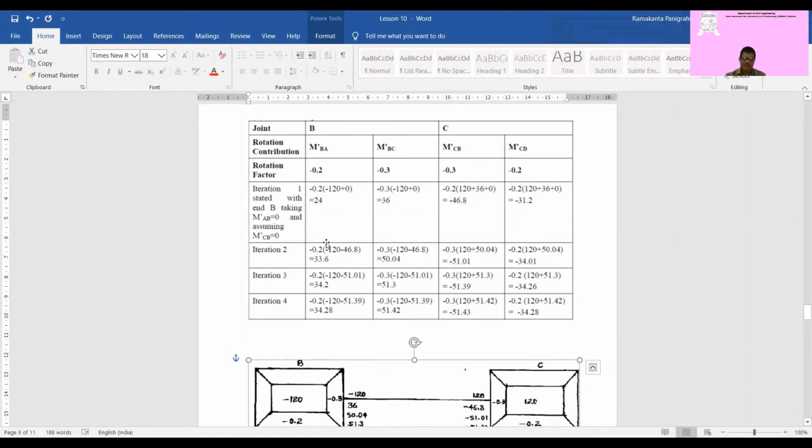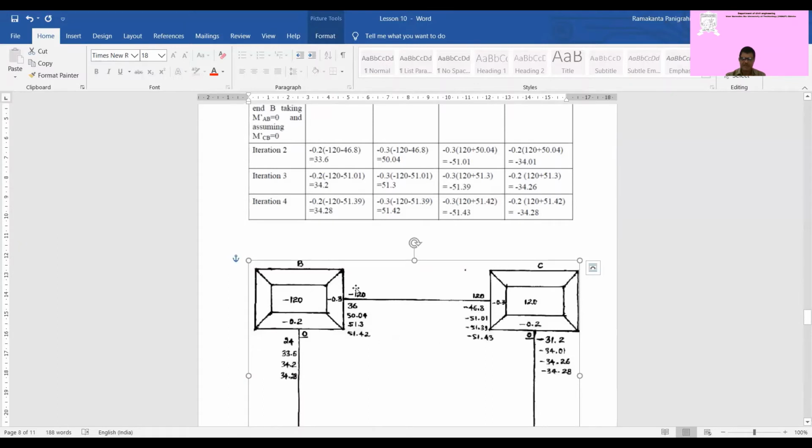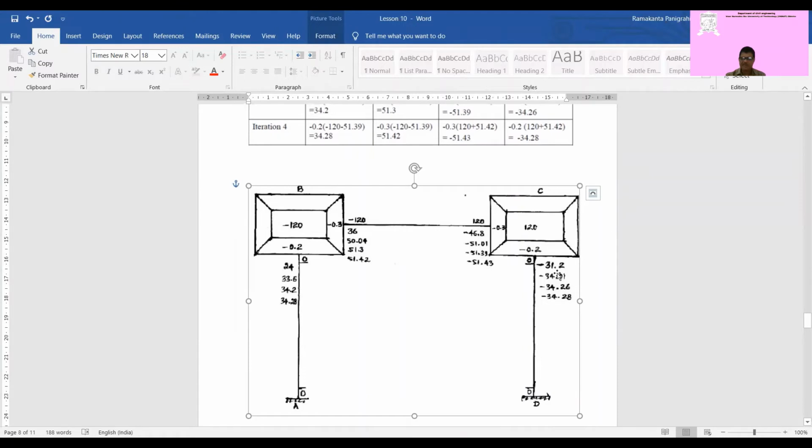I'll come into the second cycle. Again it is minus 0.2 bracket. Minus 120 is the fixed end moment. What is the far end contribution now? Far end contribution from this joint is minus 46.8. You see, minus 46.8. Not this side. For this joint, this is the far end, and for this joint, this value is the far end. Getting my point?